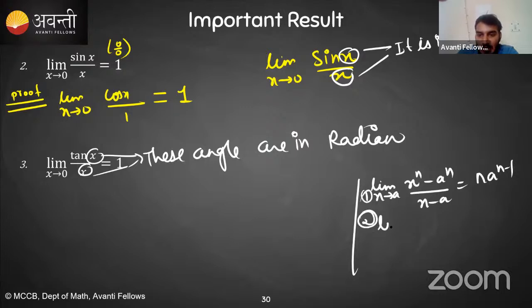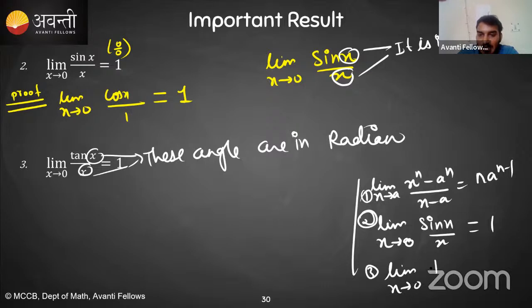Second is limit x tends to 0, sin x upon x is 1. Third is limit x tends to 0, tan x upon x is 1. Remember, this is sin x upon x where x is tending to 0.